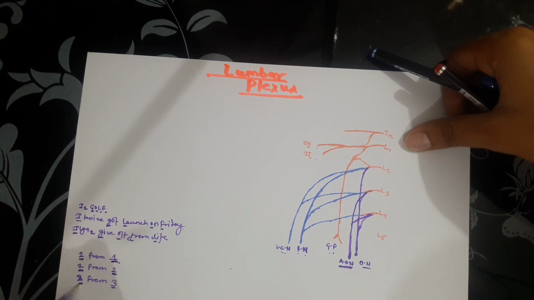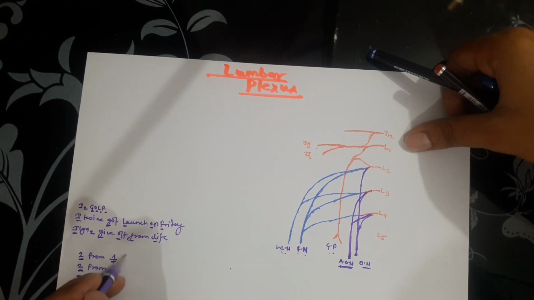And here we can see 2 from 3, so 2 nerves also originate from the union of 3 lumbar roots. So what are they? The obturator nerve and the femoral nerve, which originate from L2, L3 and L4.